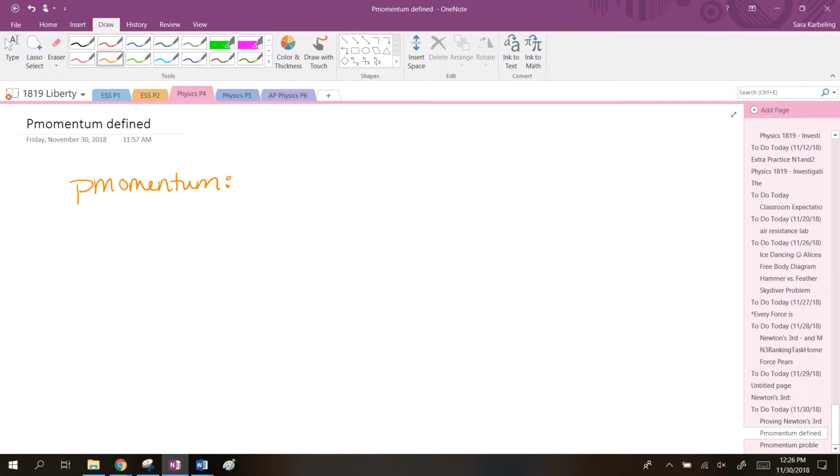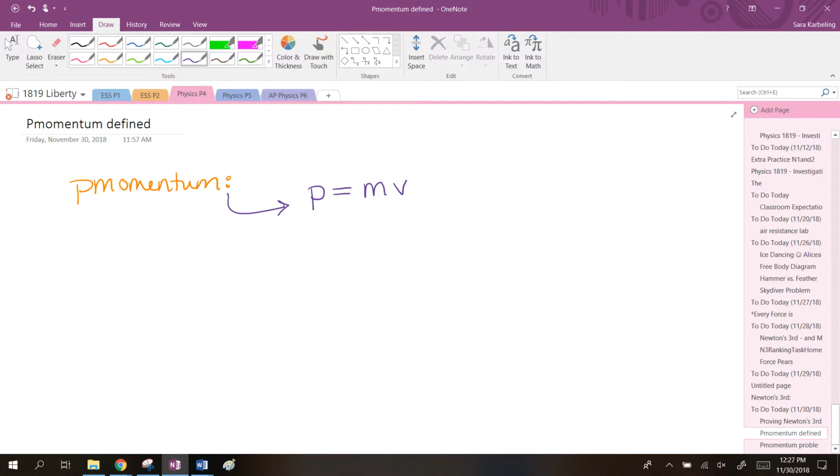And honestly, the quantity of momentum doesn't really have any physical meaning. It's just an interesting product that tells us that Newton's third law works. Momentum is P, and it is equal to the mass of an object times its velocity.